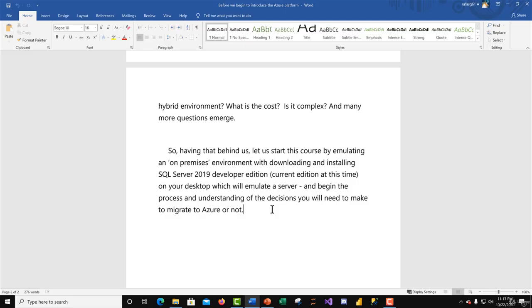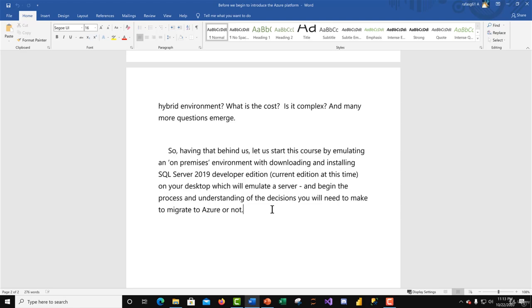We'll do a few things on premises just for demonstration and illustration. And then, of course, the decision becomes, now that we have this environment and with growth, should we migrate to Azure? Yes or no? It's simple as that, but obviously the decisions leading to that yes or no can be cumbersome and long, and that's what I'm going to cover.